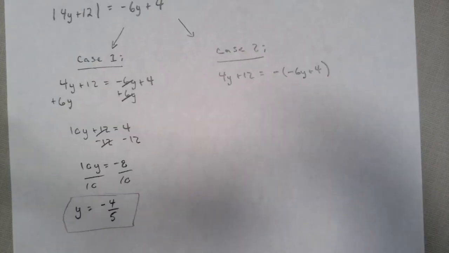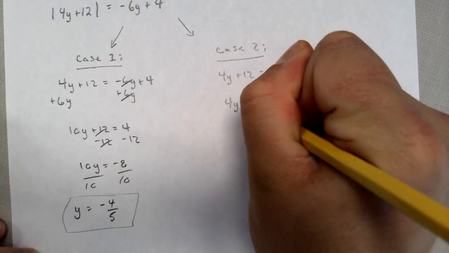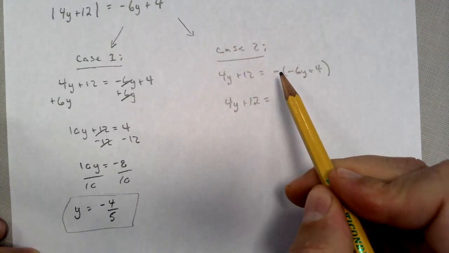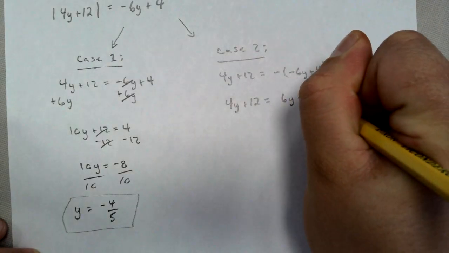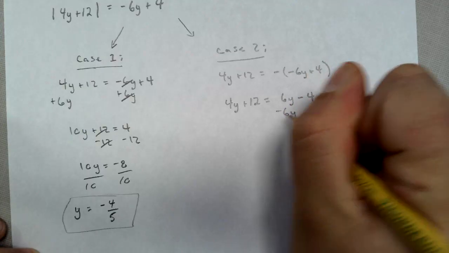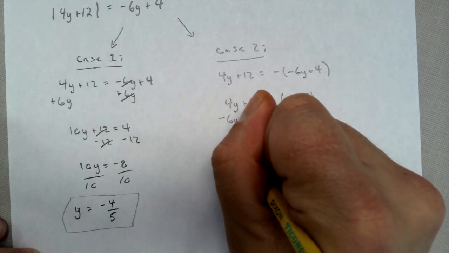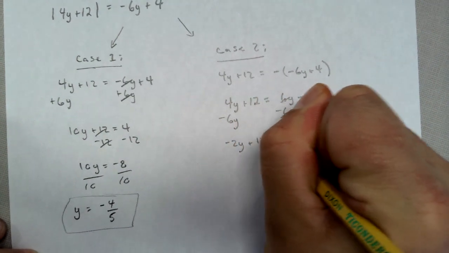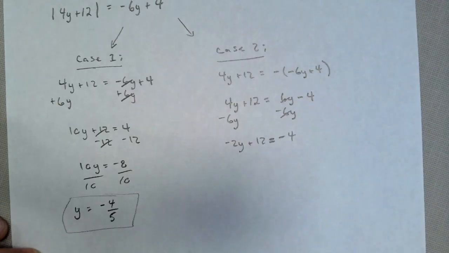All right, so next we have case 2. So 4y plus 12 is equal to, and let's go ahead and distribute this negative, so this becomes negative 6y minus 4. Subtract 6y from both sides. And we get negative 2y plus 12 is equal to negative 4.